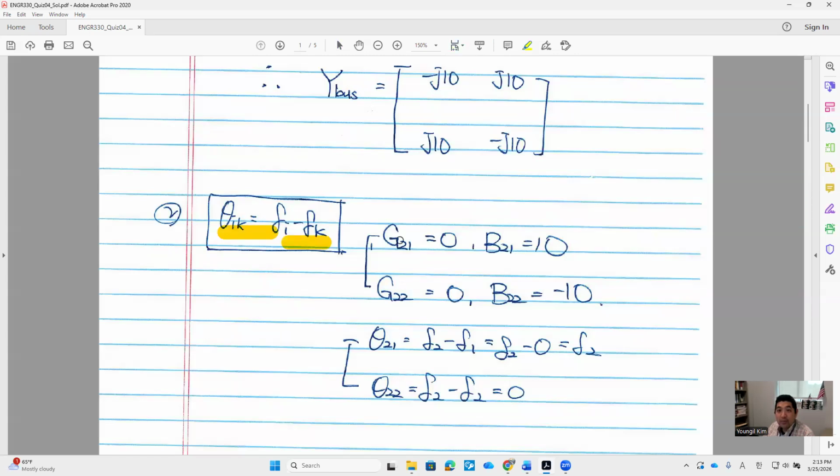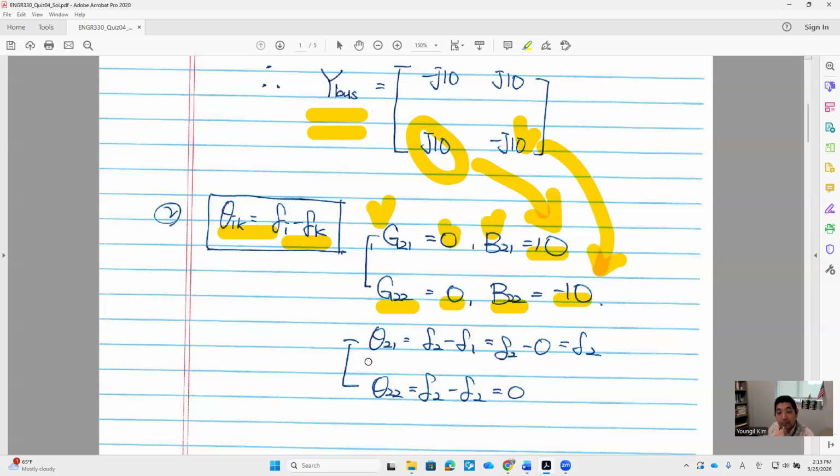From the Y bus, G sub 21 here is what? 0, because this is j10. How about this one, B sub 21? 10, because it is j10. How about G sub 22? Still 0. And how about B sub 22? Minus 10, right there.